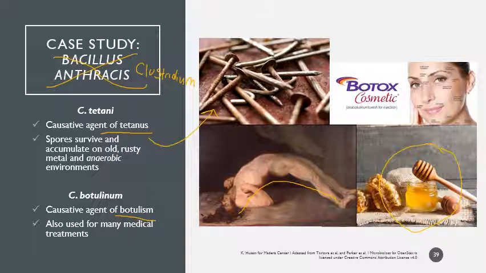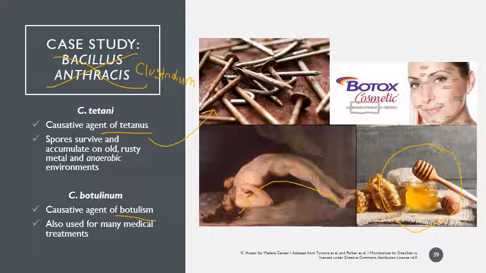So it does produce a toxin that can be deadly, but we actually also use the toxin for plastic surgery and different treatments. So Botox is actually derived from the toxin of Clostridium botulinum, which causes botulism. We can see right here, onabotulinum toxin A, that's the full name of Botox.